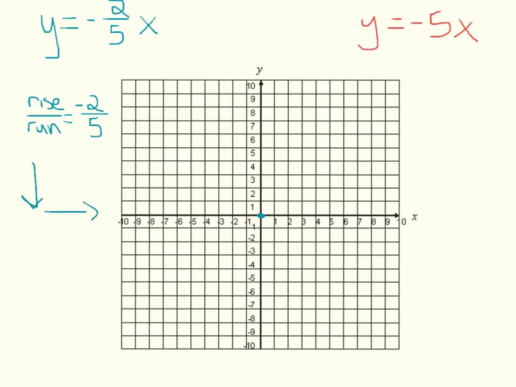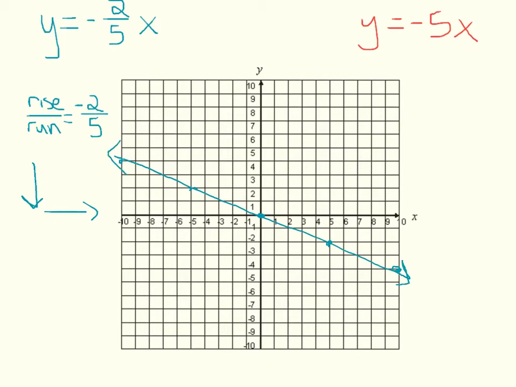So starting at the origin, I'm going to go down 2, right 5. And then follow that again, down 2, right 5. And now worry about going backwards, up 2, left 5. Up 2, left 5. And then you can connect all of them to make your line.